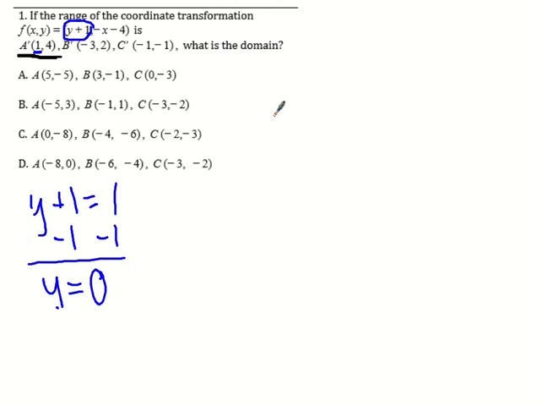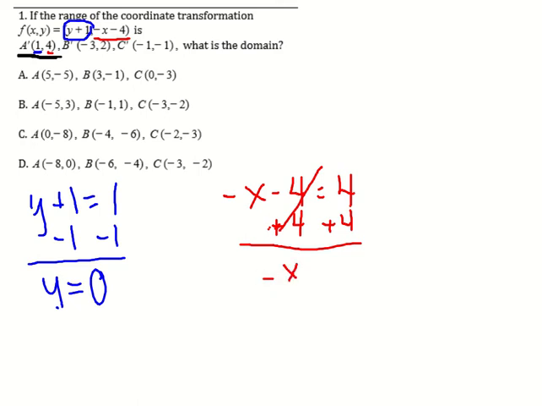Then the second part, negative x minus 4, equals the second part. So negative x minus 4 equals a positive 4. So I'm going to add 4, negative x equals 8, divide by negative 1, x equals negative 8.